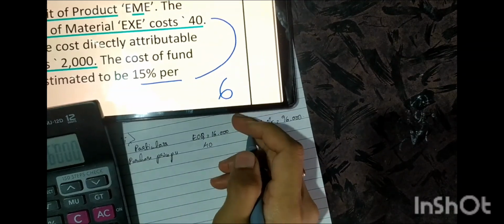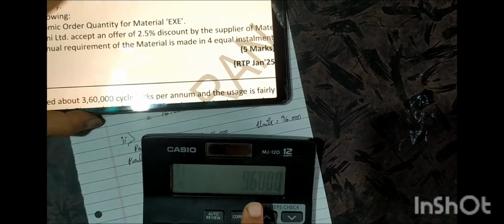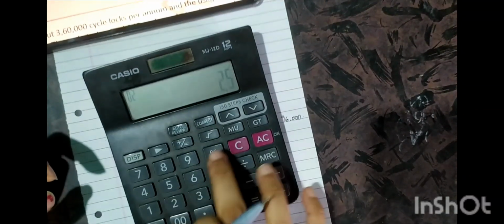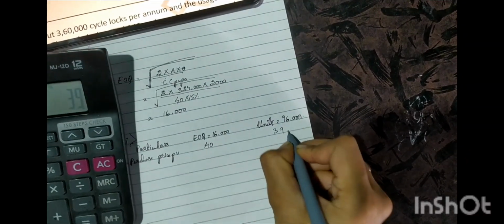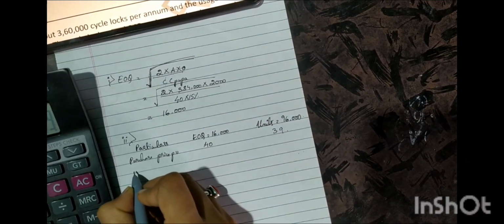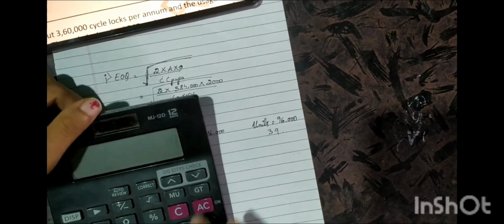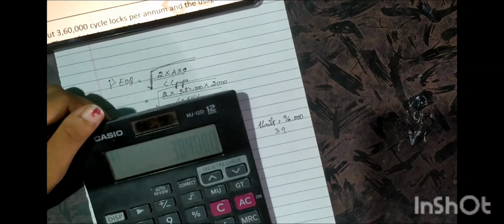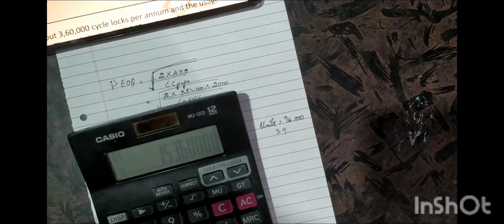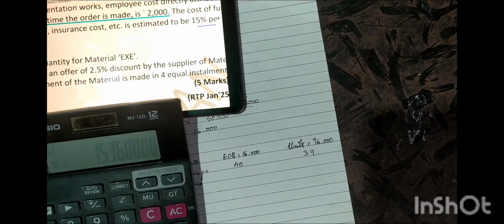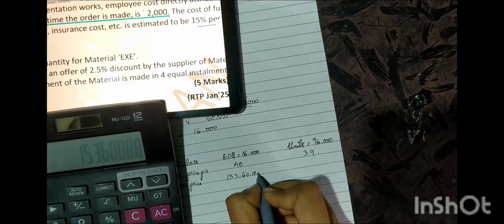Okay, so it is 40, but if we order in 4 equal installments, we're gonna get 2.5% discount. So 40 minus 2.5%, it is 39. So the total purchase price is going to be 3,84,000 into 40, which is 1,53,60,000.